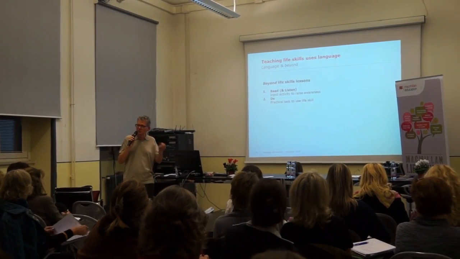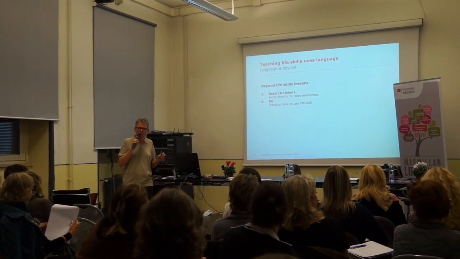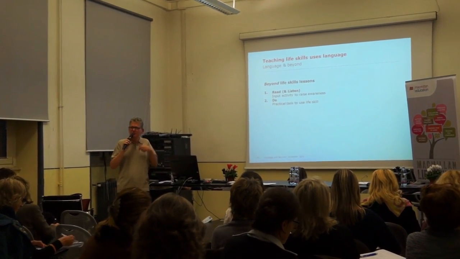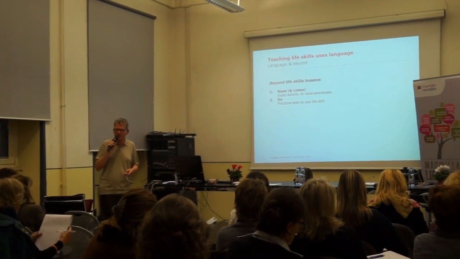And so we came up with a structure for the lessons that we thought would work, which was basically having an introduction where students would read or listen to something. Maybe it was a situation, a survey, a dialogue, just something that would make them aware of the life skill. Then there'd be a practical task which they would do in pairs or in small groups, where they would actually do something with that life skill.